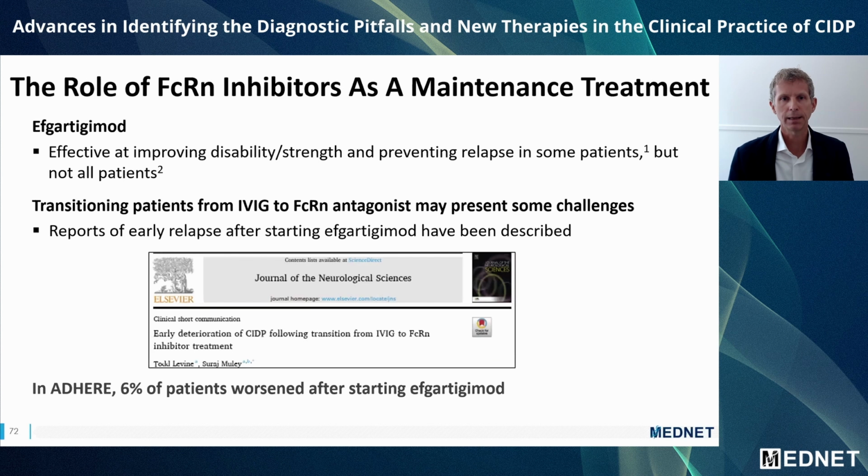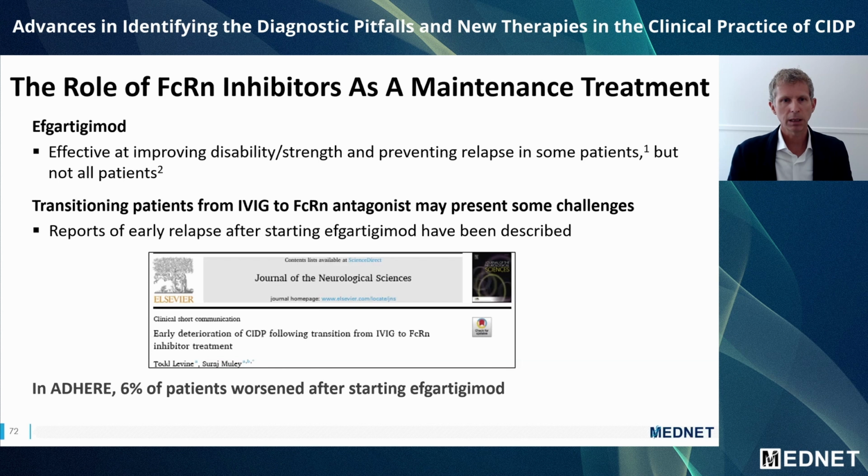Now, the role of FcRn inhibitors is something that we're learning a lot about. It's relatively new to the treatment scene, so how to identify the ideal patient for an FcRn inhibitor is a work in progress. It has been observed that some patients worsen immediately after transitioning from IVIG. The frequency of that deterioration seems to be uncommon, probably roughly 5%, but it does happen in some cases, and it seems to happen in those people coming from IVIG.